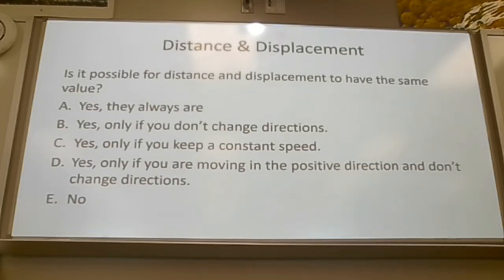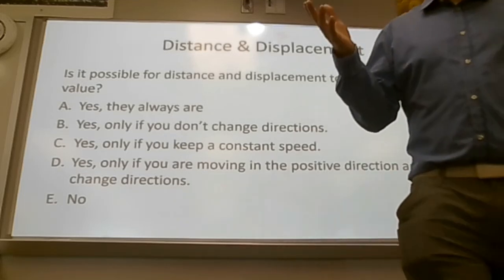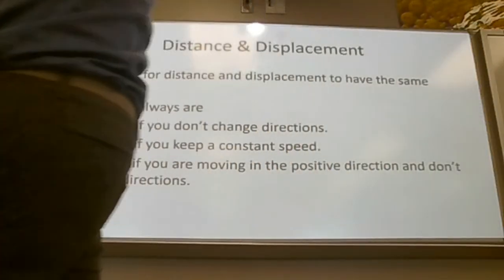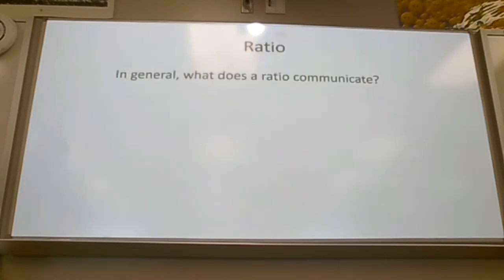They're going in the positive direction. So you can flip flop between distance and displacement. You can flip flop between speed and velocity. You don't need to make a distinction between the two for scenarios where they're going in the same direction, the positive, and they're not changing direction. Does that make sense? Okay.